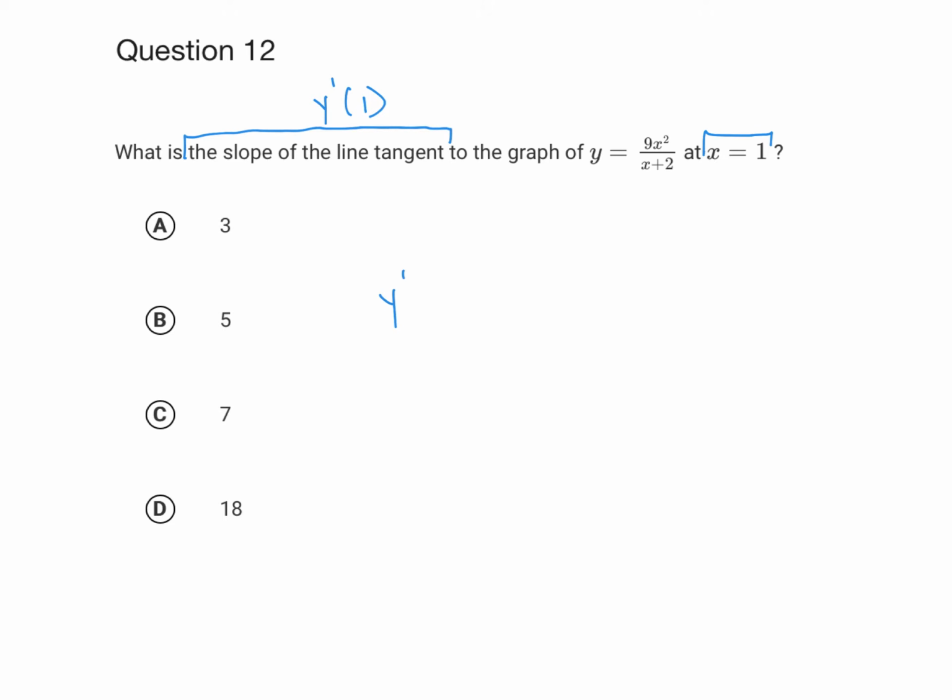Okay, so first we'll just find y prime, and we'll have to do quotient rule. Okay, I'll do this one quicker. So 9x squared derivative is 18x. Just times that by the bottom, minus top times derivative of the bottom. Derivative of x plus 2 is just 1, so we don't have to write that.